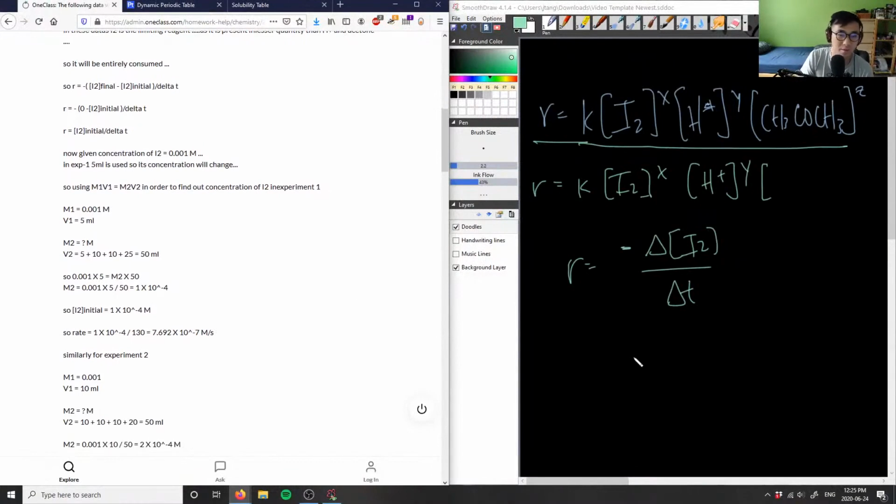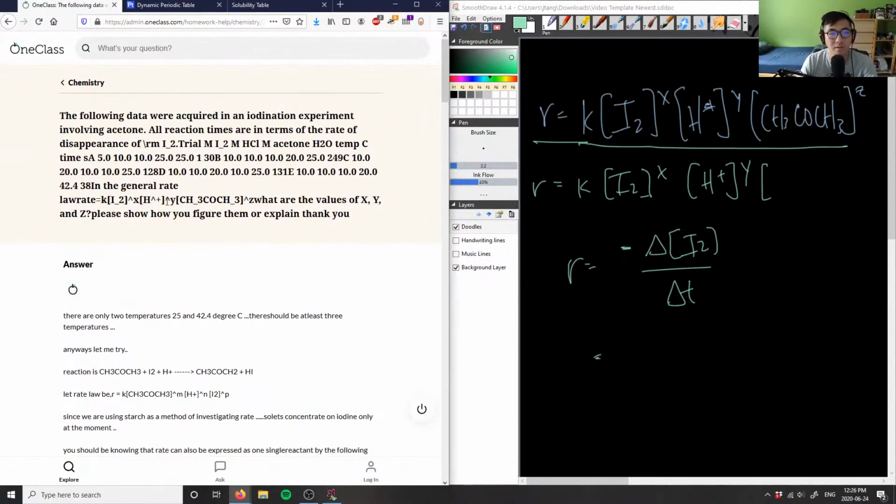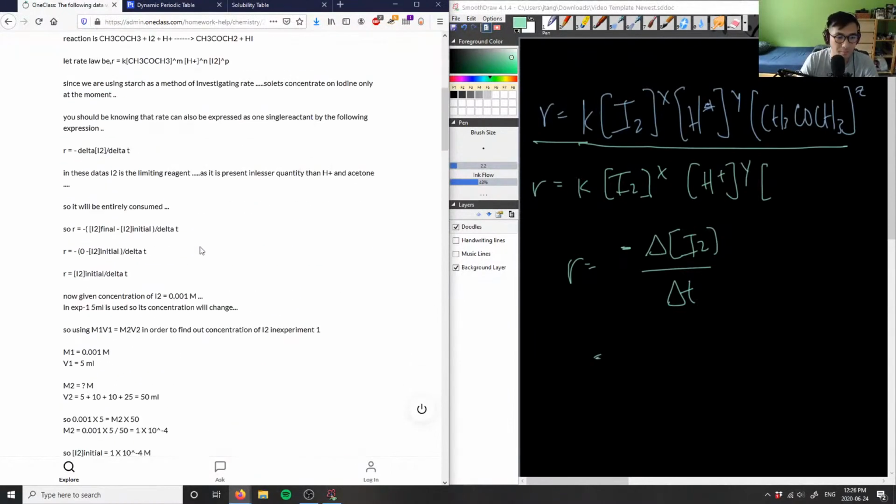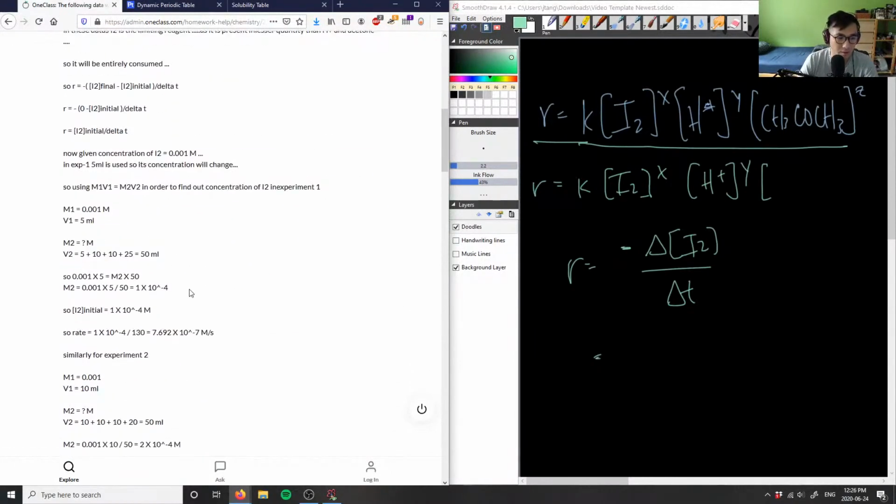In this case, they got I2 is equal to 1 times 10 to the negative 4. And then we have our concentration, which is 0.01. So we subtract both of those and divide by delta T, which is going to be 130 seconds in this case. Again, this should have been given in the data, but it's not, so I'm kind of going off whatever they're writing here.